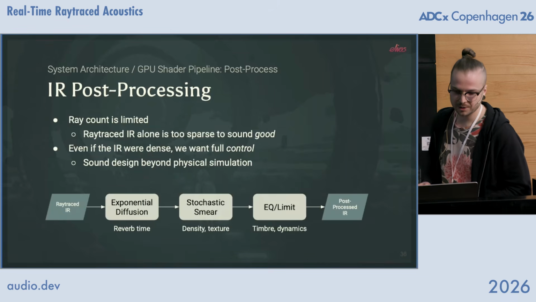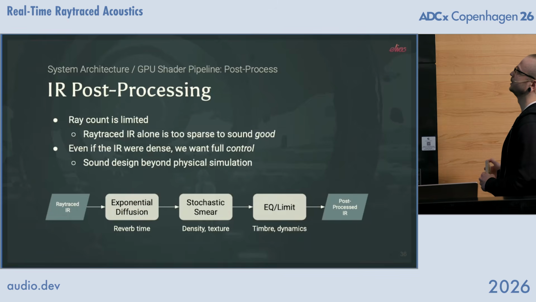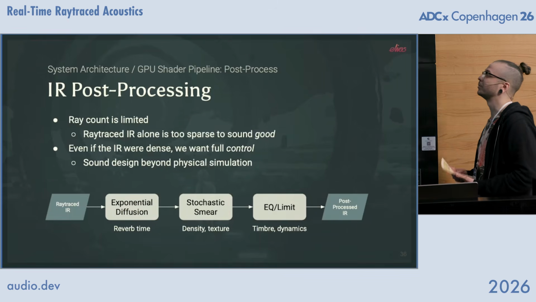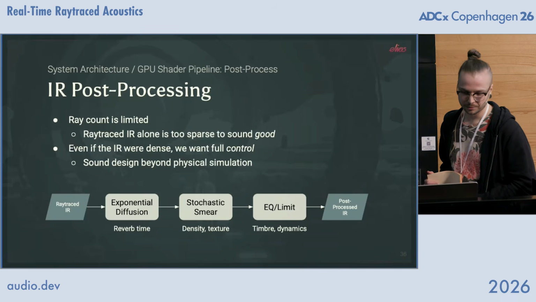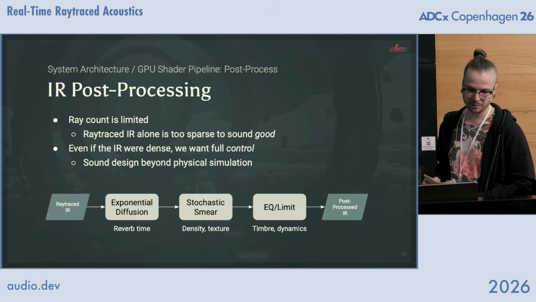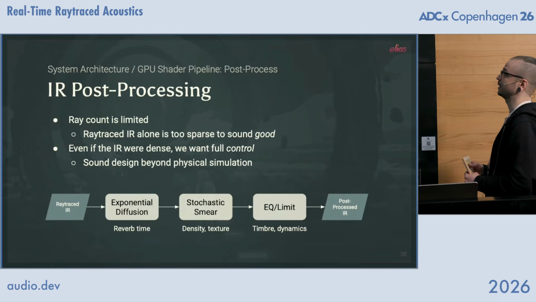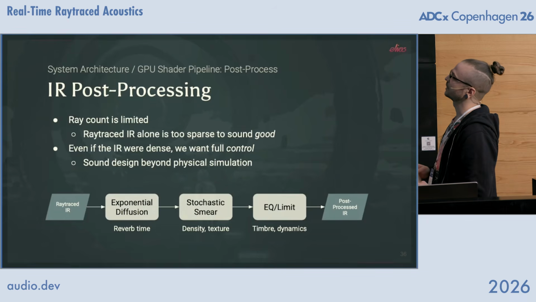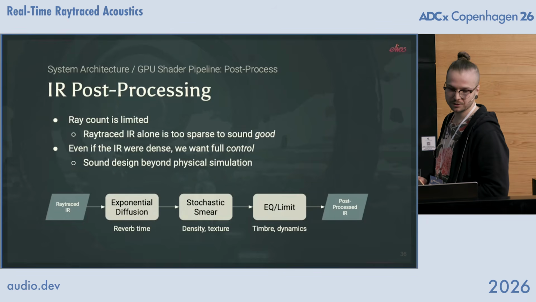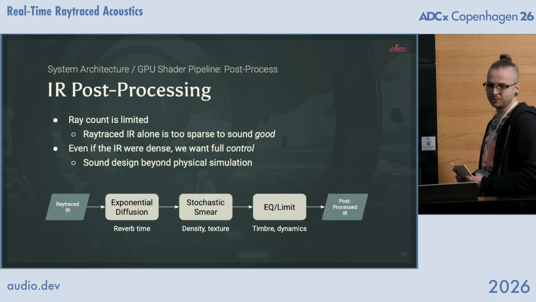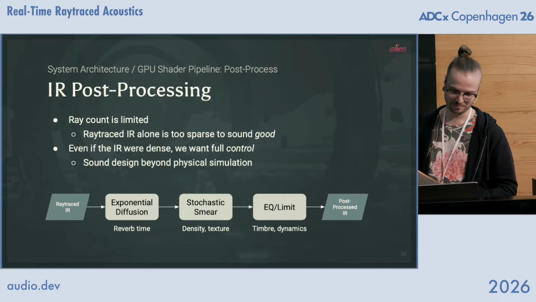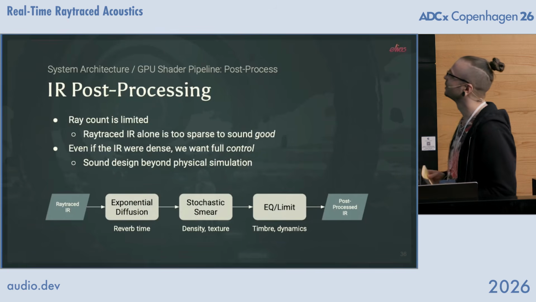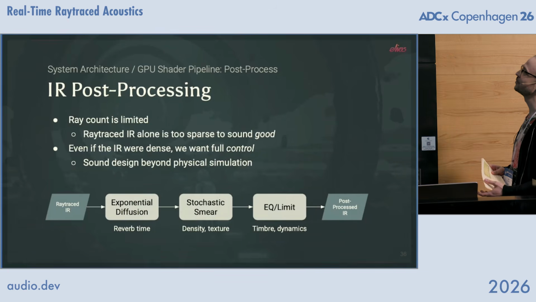So what we do is that we run the ray-traced impulse response through a post-processing pipeline. To summarize, we run it first through a diffusion pass, which lets you extend the reverberation time if you want. Then we smear the impulse response to control the density and the texture.